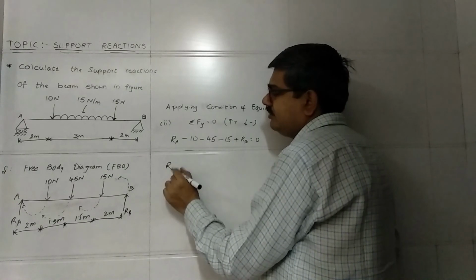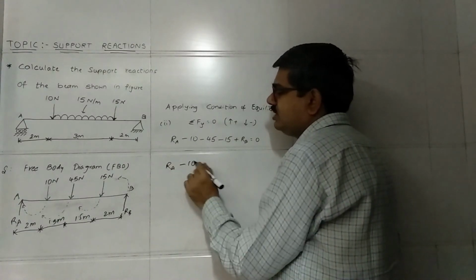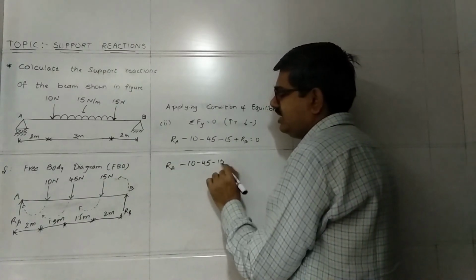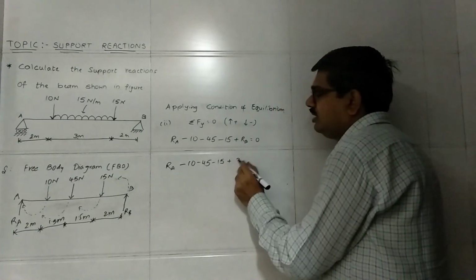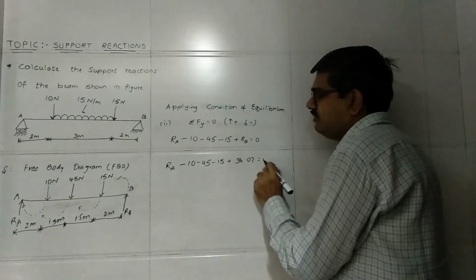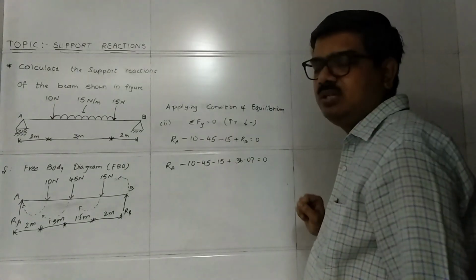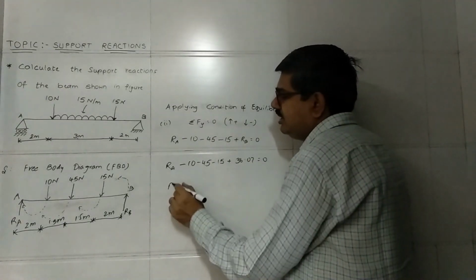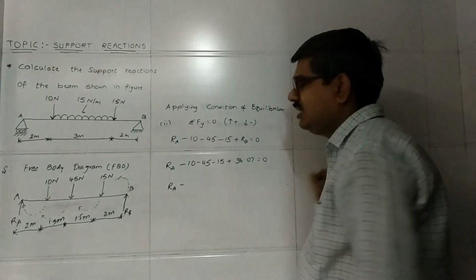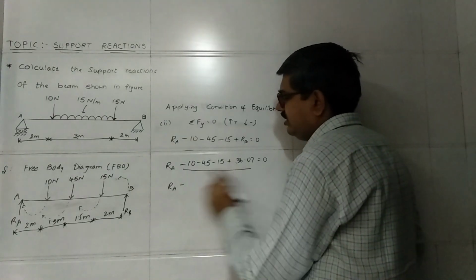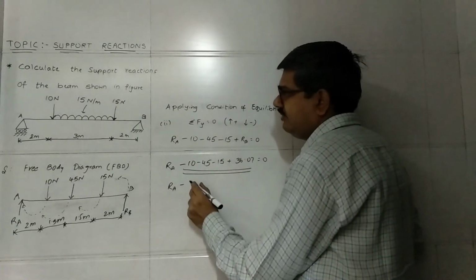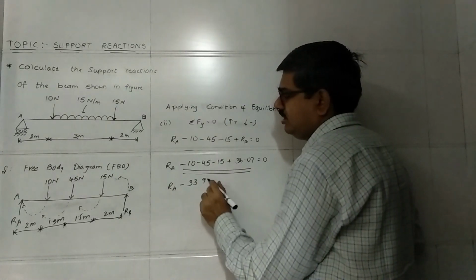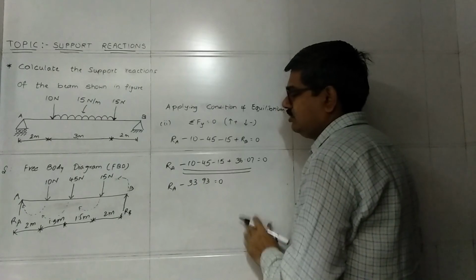Now RA remains the same, minus 10, minus 45, minus 15, plus the RB value we just calculated, 36.07. Put the value of RB here, equal to 0. That is RA minus, when you solve this in your calculator, you will get 33.93 equal to 0.